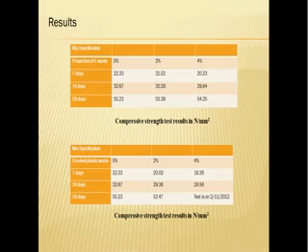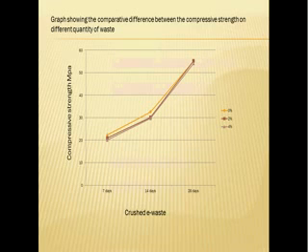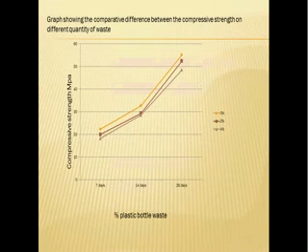And we can see with the crushed plastic bottle waste, the strength subsequently reduced. It was because the particles have a flaky nature. The particles of the bottle waste are flaky, so they do not bind well and highly reduce the packing density and thus the compressive strength. Here we can see the graphs depicting the same. This is with the plastic bottle waste.